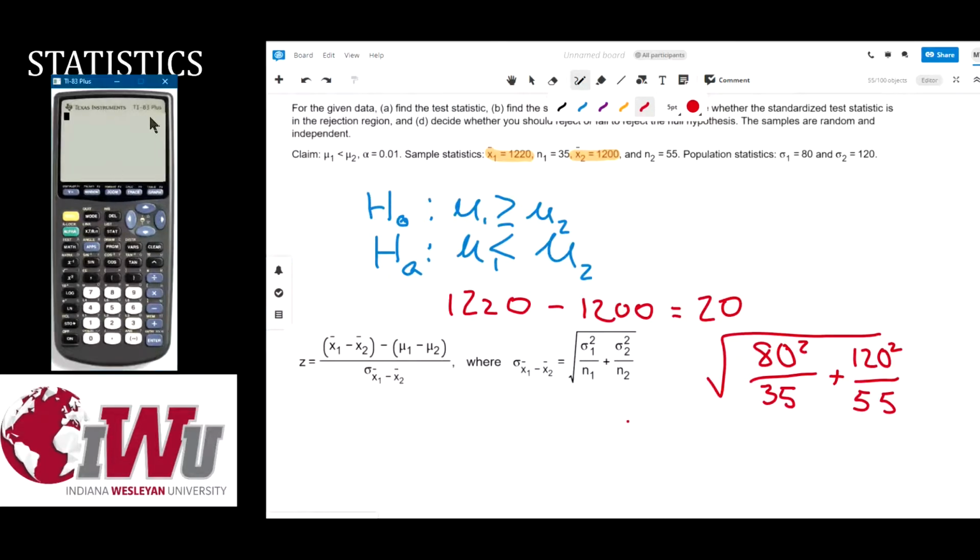Let's calculate that real quick. We're going to use this TI-83 calculator. I do have this available for you to download. I'm pretty sure it only works on Windows computers, but there are all sorts of calculators online, or you may have one handy as well.